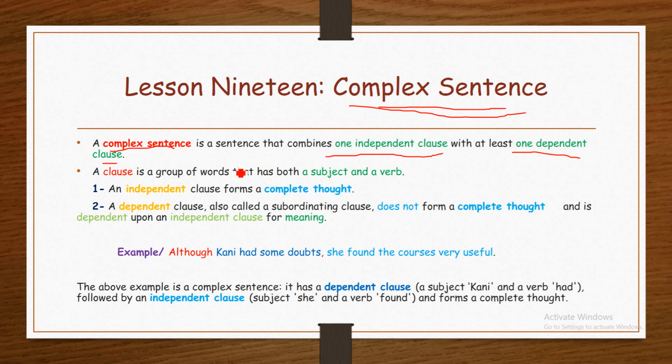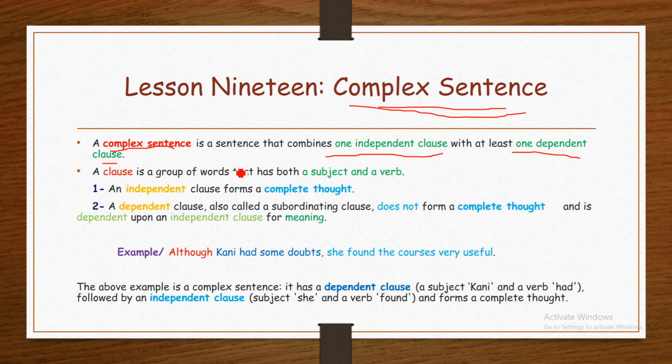It means a complex sentence is composed of an independent clause and a dependent clause. It is composed of two clauses, one dependent and one independent. In the previous lessons, we learned compound sentences.